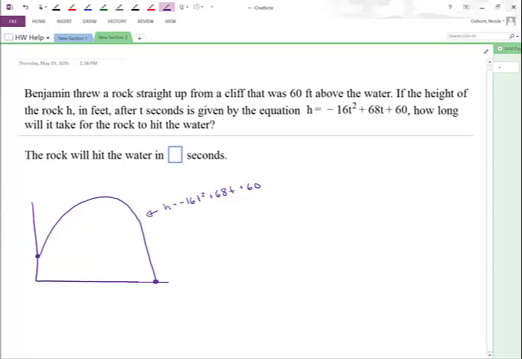Now, my y-axis indicates my height in feet, and my x-axis indicates my time, and that's given in terms of seconds.